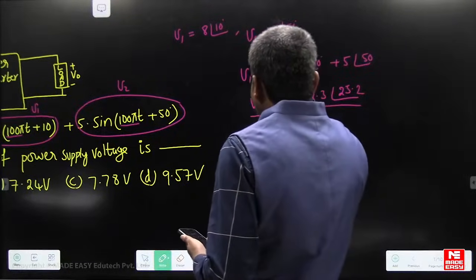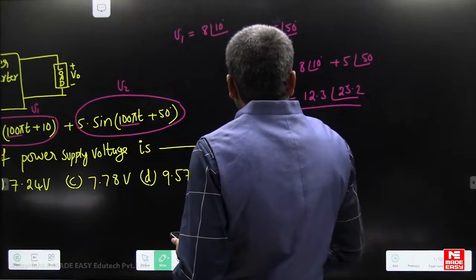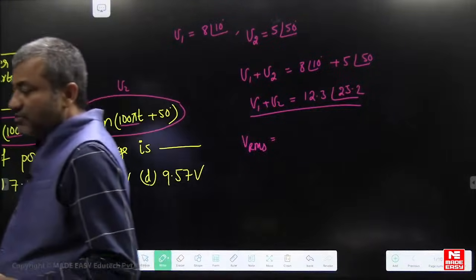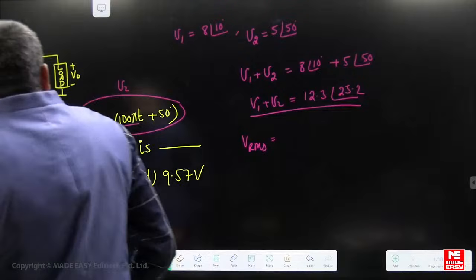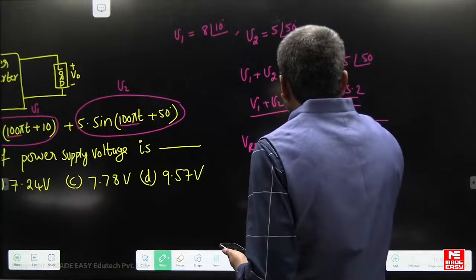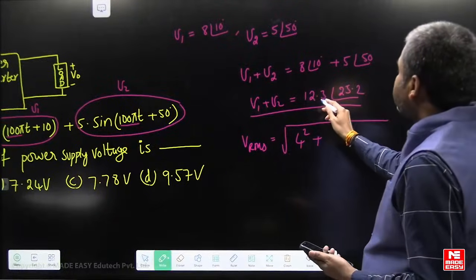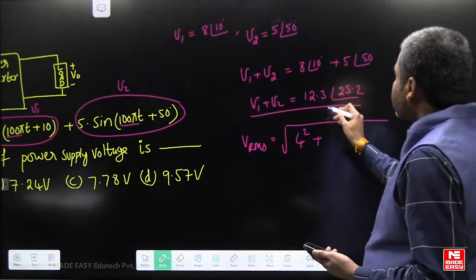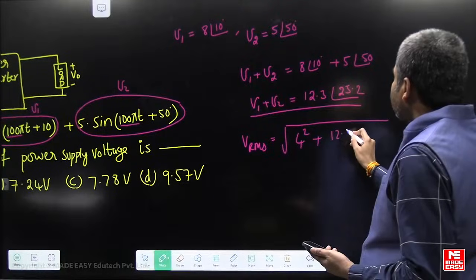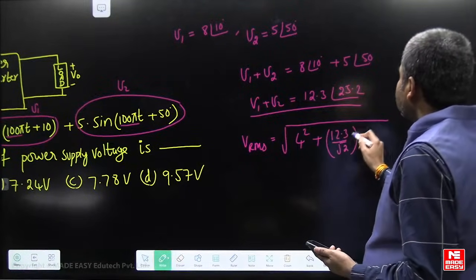Now what is the resultant RMS voltage? First, we have the DC quantity, which is 4, so under root of 4 square. Now this is the peak value, right? Its RMS value is 12.3 by root 2, whole square.